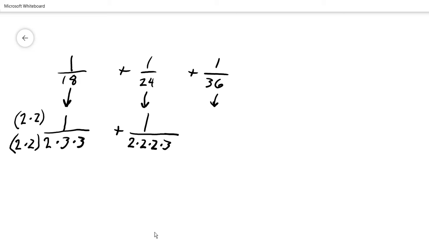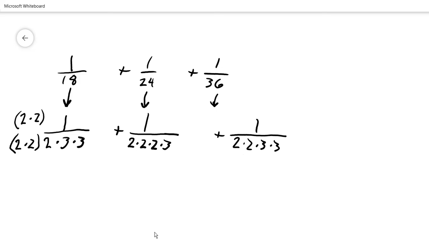Okay, let's see. Put the plus over here. And then it's going to be 1 over 2 times 2 times 3 times 3. Or 4 times 9, or actually, let's look at it as 12 times 3. Anyway, okay, got that done.